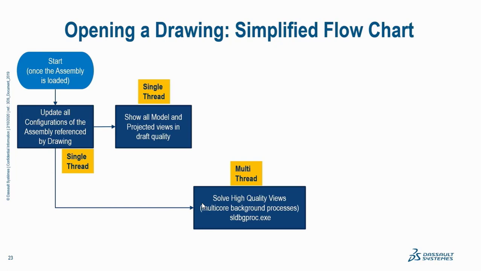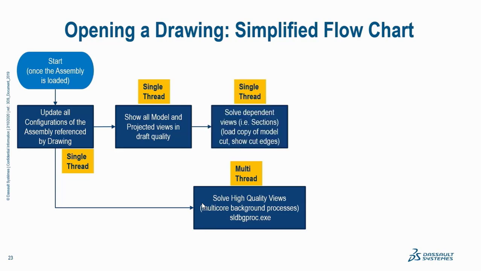Next, it will show all model projected views in draft quality. In the draft quality, if you select the high quality views, it will continue to process in the background. If you have placed some views which are dependent on other views, like detail views and section views, the projected view dependent views, then they are processed after that.